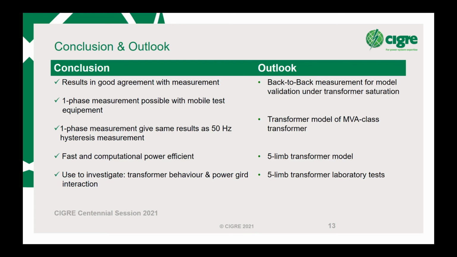So we have 2 of those modified transformers, and we want to set them up back to back and see if that model is also valid for that setup. The next step is then to bring them up to the MVA class transformer and test that approach there. And then also test this approach for 5-limb transformers in the lab and also outside in the substation.